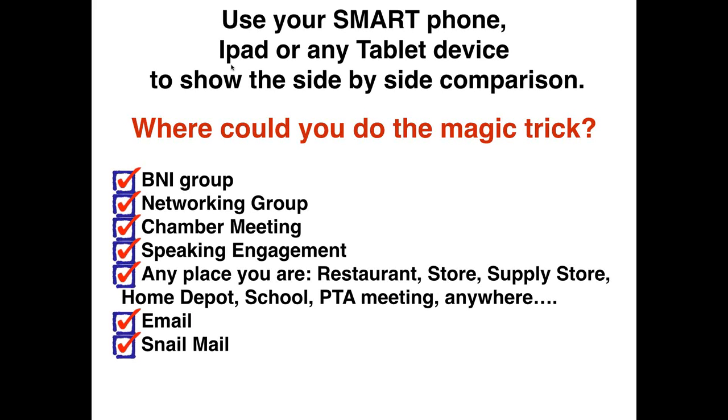You could show the magic trick at Home Depot, at a school, at a PTA. I know that parents often will be at a soccer game or a baseball game. You could be sitting next to some business owner and go, oh, did you know about the mobile-friendly update? Hey, what's your URL on your website? Hey, uh-oh, you're not mobile-friendly. I can probably help you.